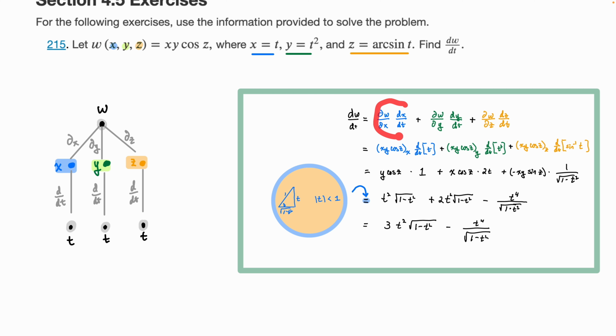Then each term is a product, and each factor represents one branch of the 3. Okay, so this is partial w, partial x, and that's the top portion of the branch.